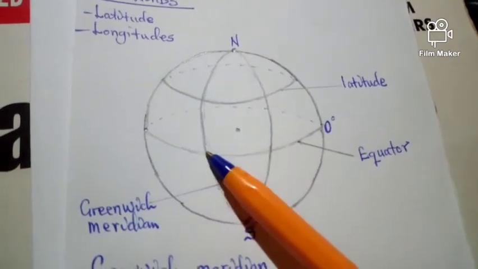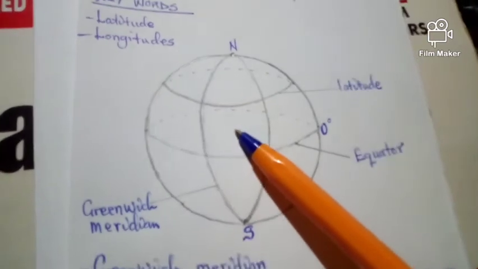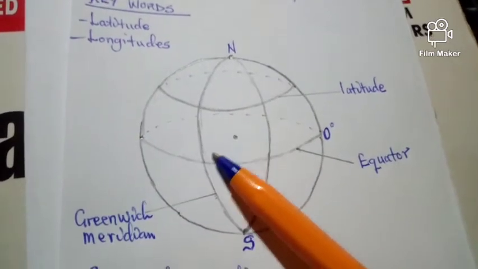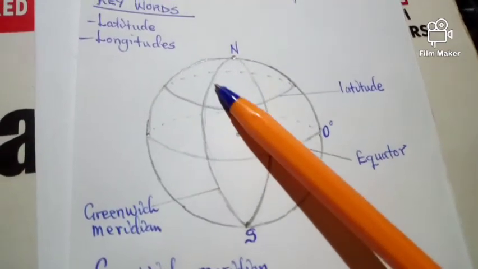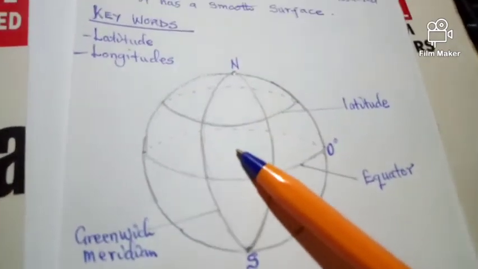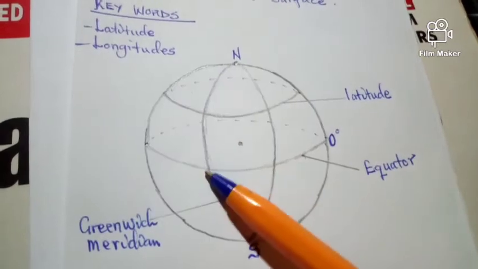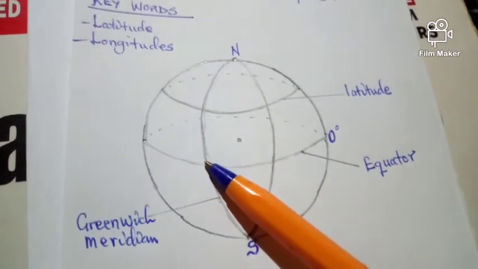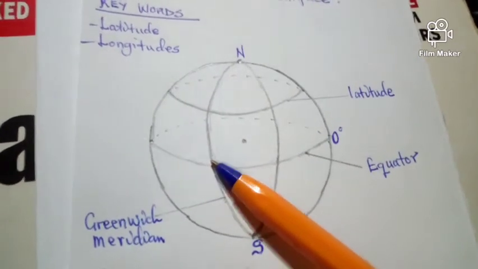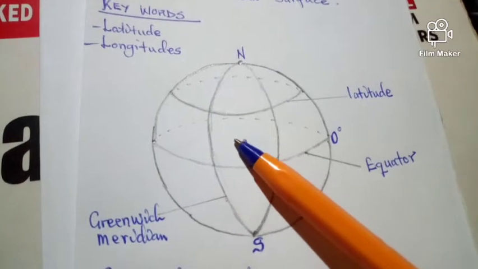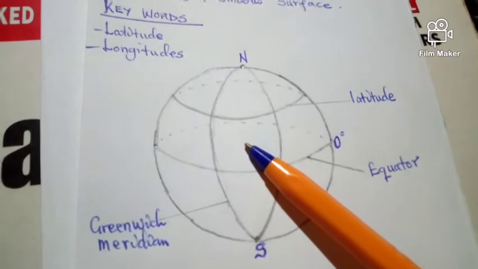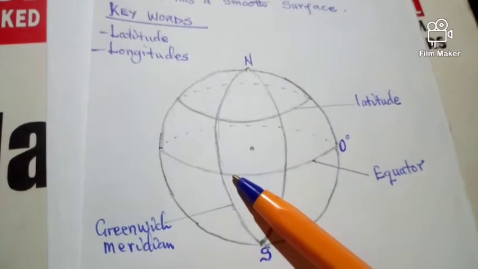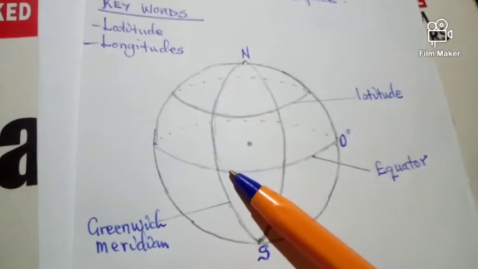So when you're saying this is 0 degrees, it means when you are coming from here to any of these points, you see, 0 degrees. This is the starting point. So when you move to this side, you are going to the west. From here, you come this side, you are going to the east.